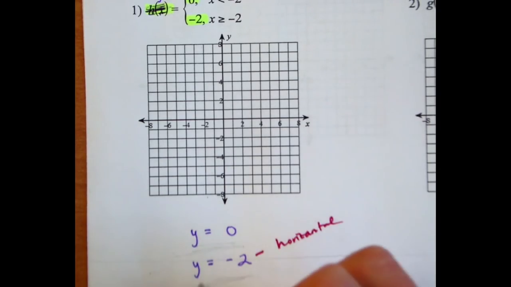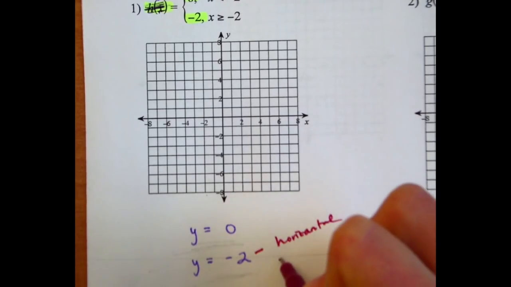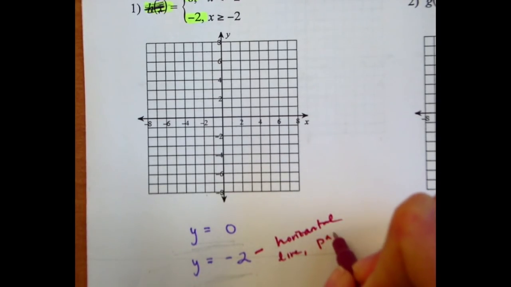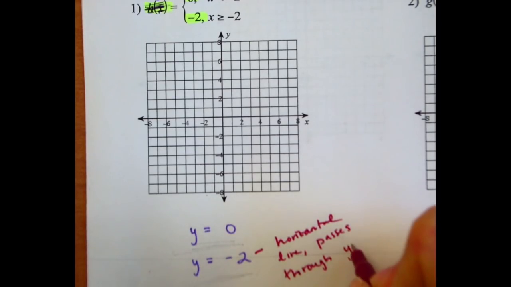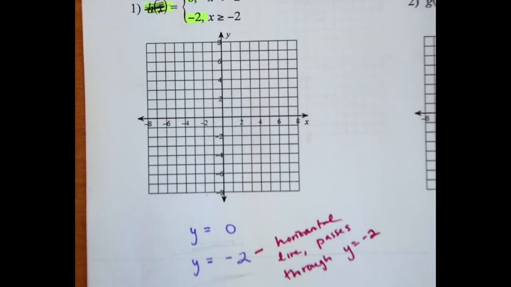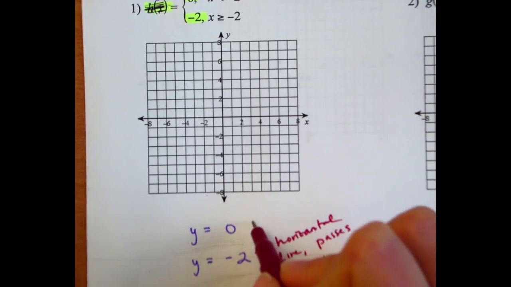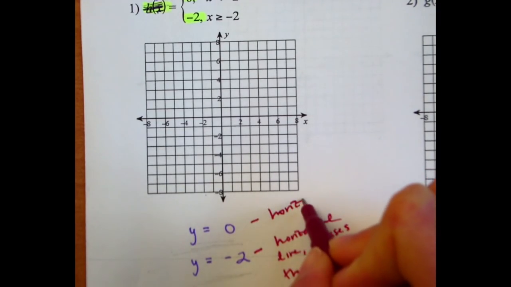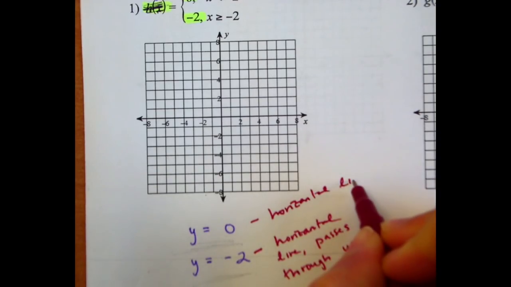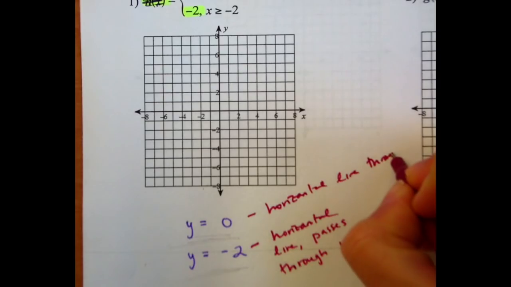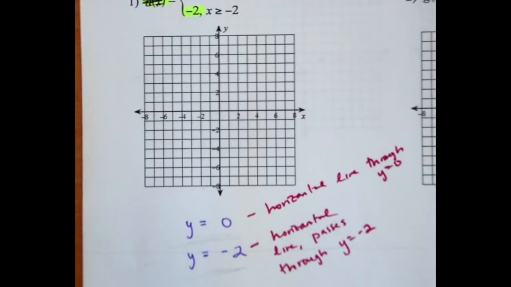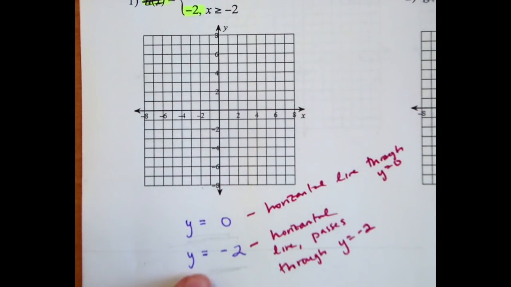Horizontal lines are y equals something. Same thing for y equals 0. It's also going to be a horizontal line, but it's going to pass through y equals 0.